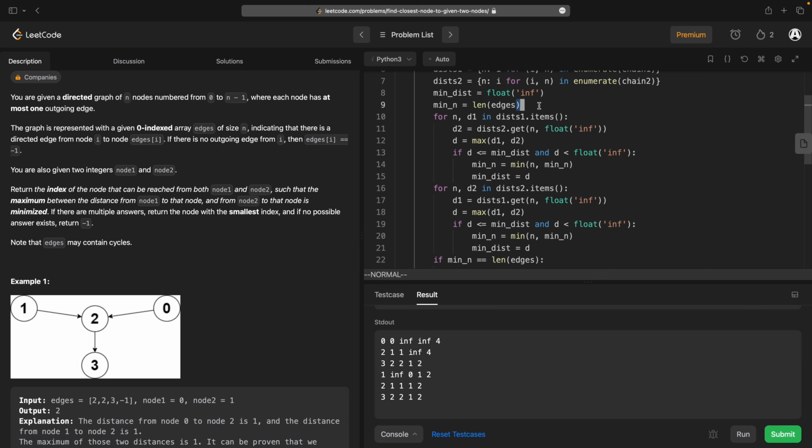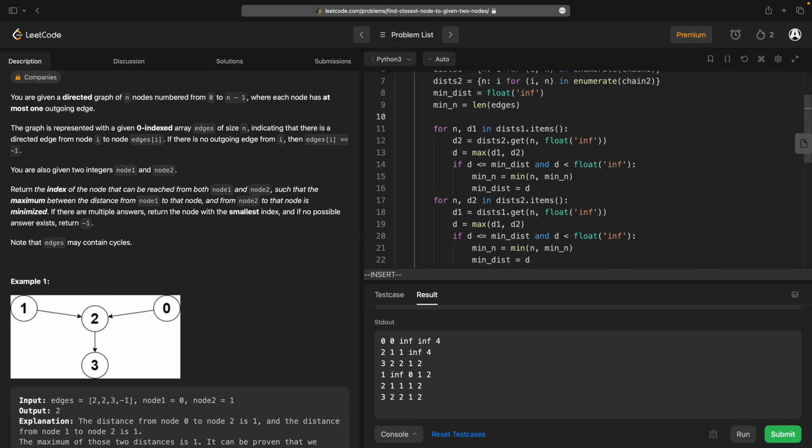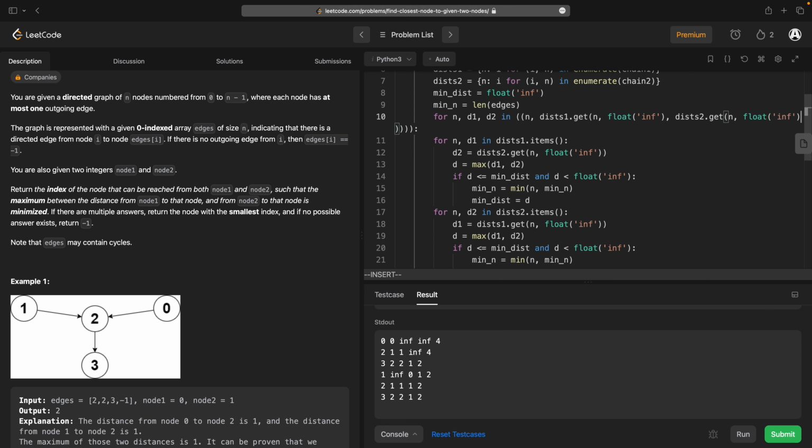Actually, there might be a nice way to do this. For n, d1, d2, and what I really want is n, dist1.get n float inf, dist2.get n float inf.